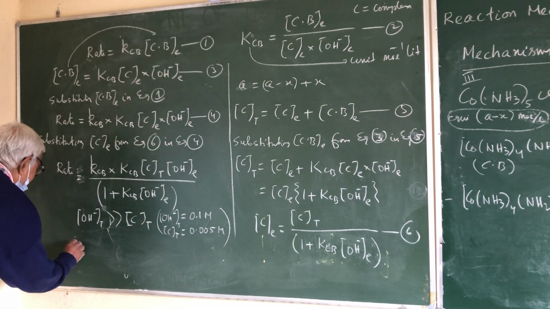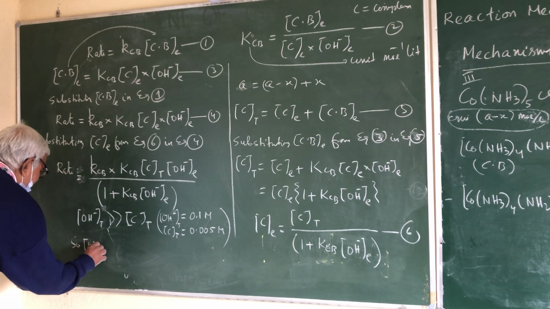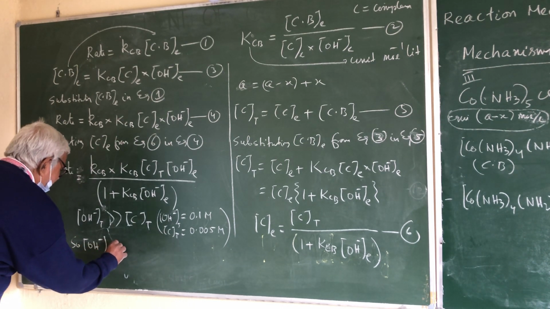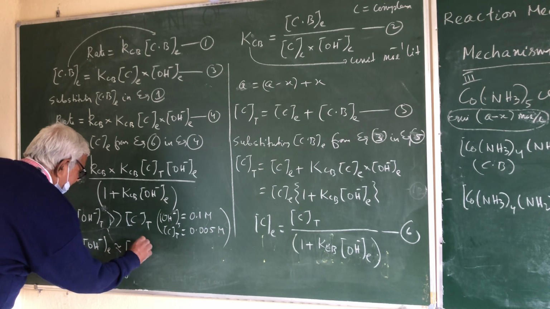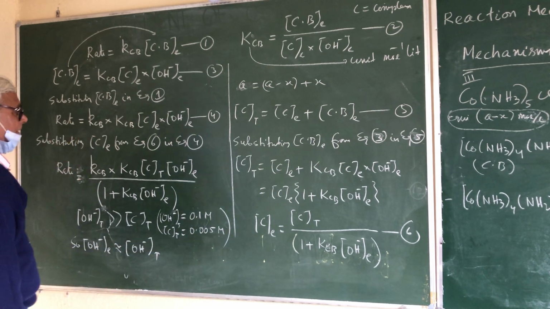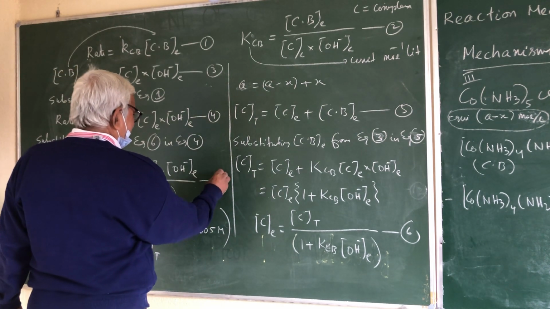So, hydroxide equilibrium is approximately equal to hydroxide total. So, this is equation 7.